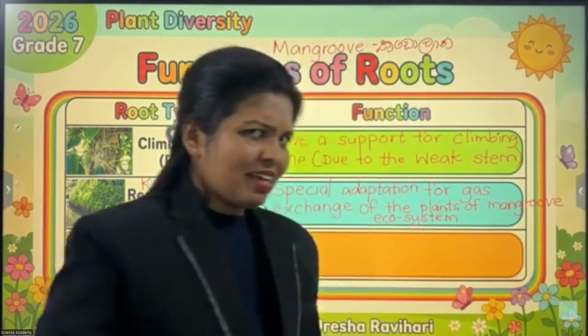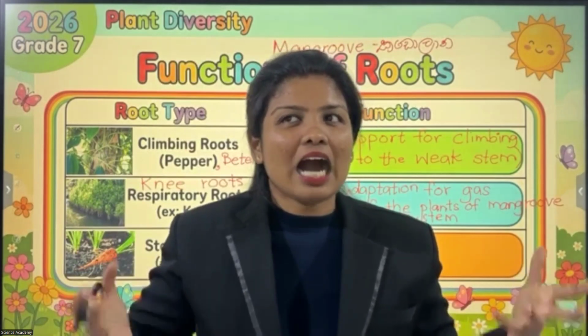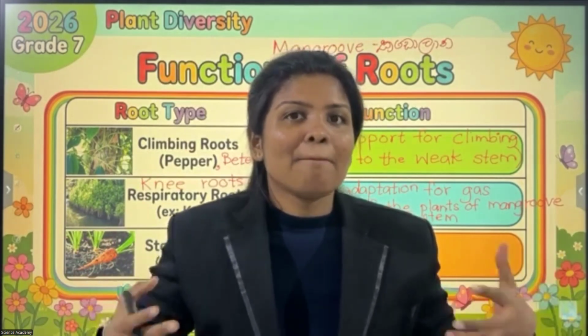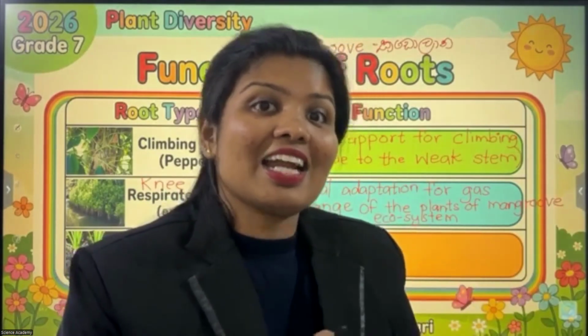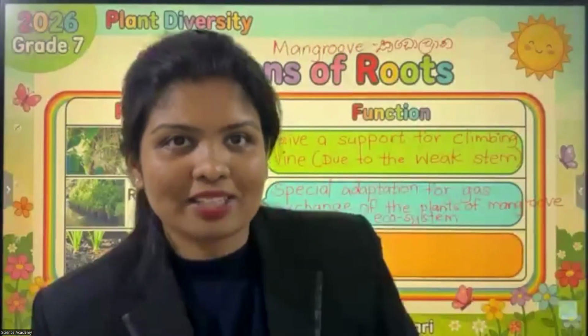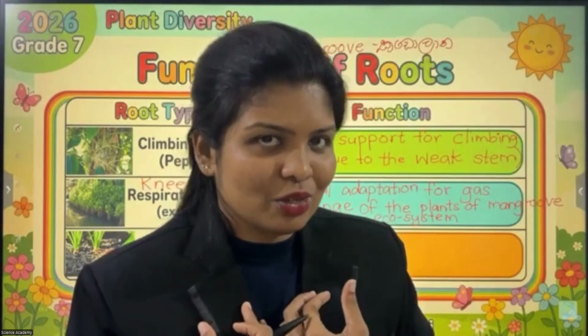Children, what is manioc? In Sinhala we call it manioka. Many manioc plants, children, store food in lateral roots. You may not have heard of this before. Although you eat manioc, you don't know what type of roots these are. I also wondered in my childhood.